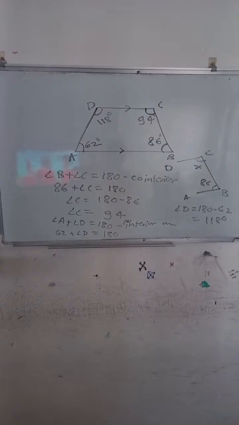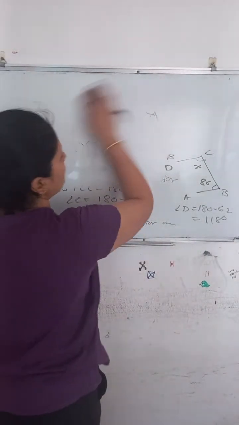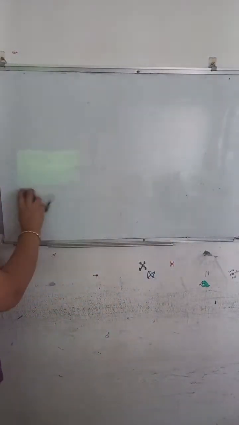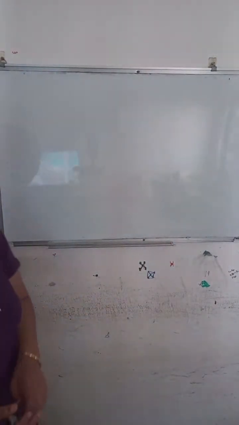Okay, next question. In parallelogram ABCD, angle A is equal to 3x minus 10 degrees, and angle B is equal to 5x plus 30 degrees.